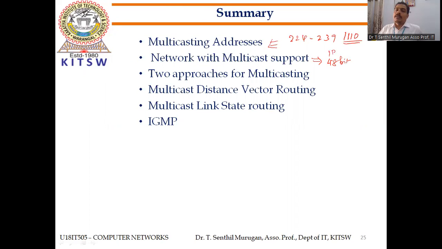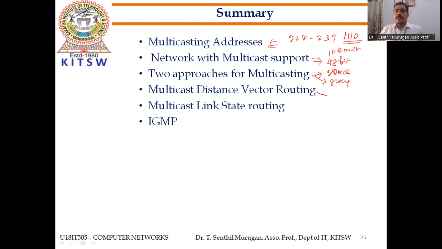We also discussed two approaches for multicasting: one is source based, another one is group based.